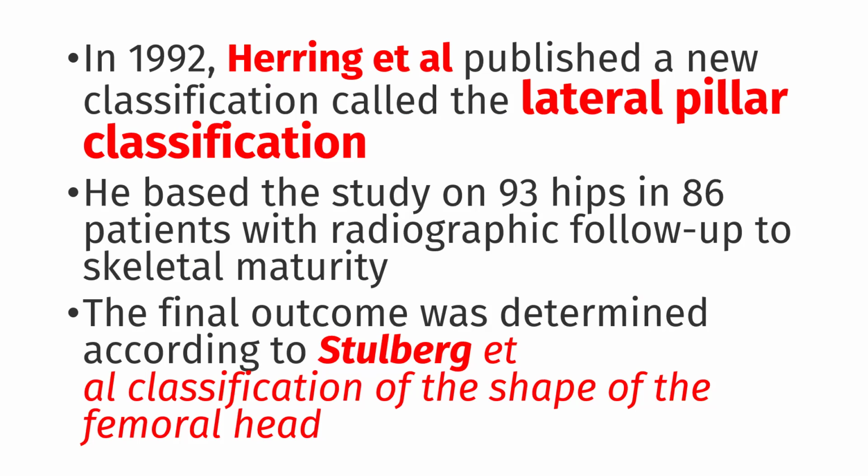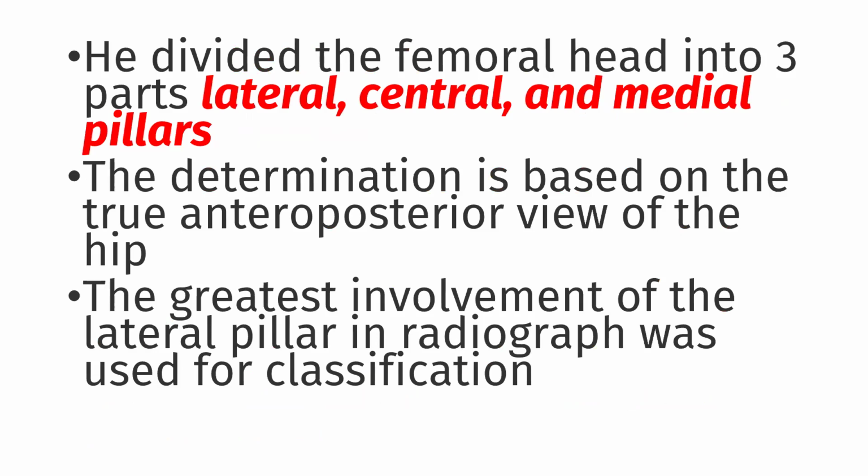He divided the femoral head into 3 parts: lateral, central, and medial pillars, as is shown in the sketch that I showed you at the beginning. The determination is based on the true anteroposterior view of the hip.